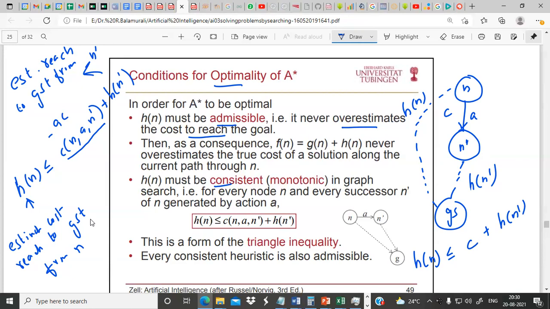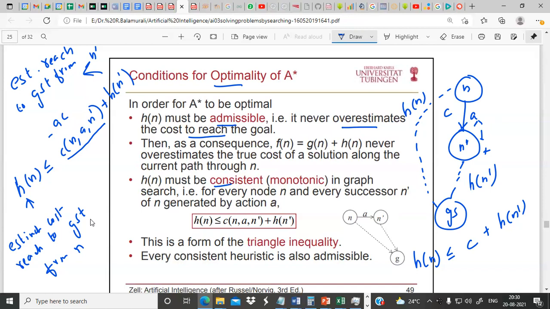Because this is the actual cost, when you add this actual cost with this h of n dash, then this value should be less than that. It should not become greater than that. It can be less than or equal to, but it should not become greater than. Then h of n is called consistent.